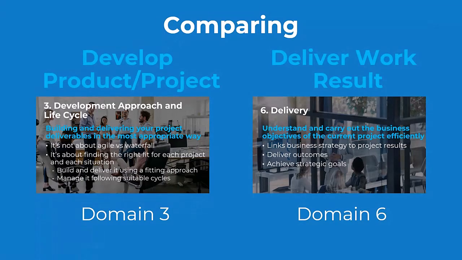And then the current domain 6, on the right, is a little bit more focused on delivering the project as a whole. So delivering the work result of our project.